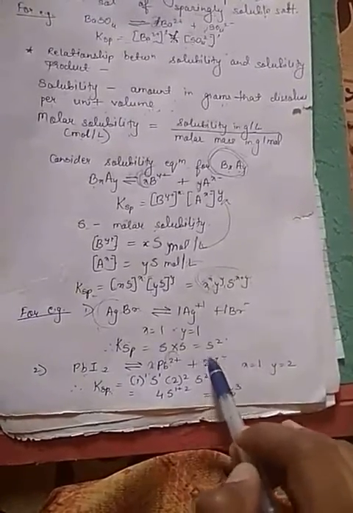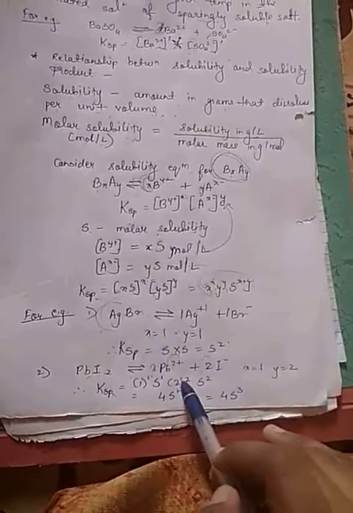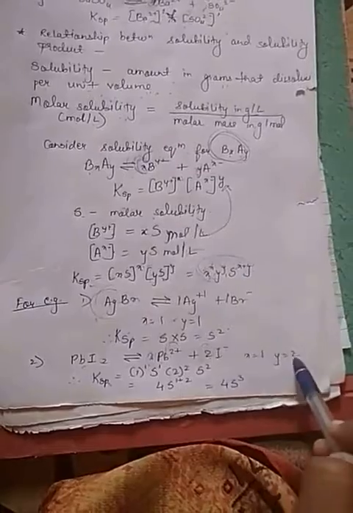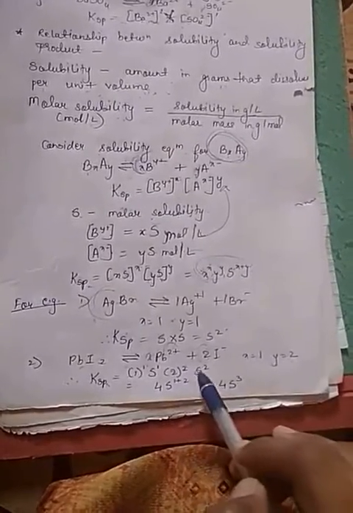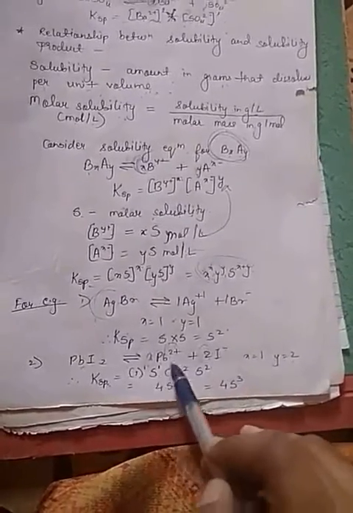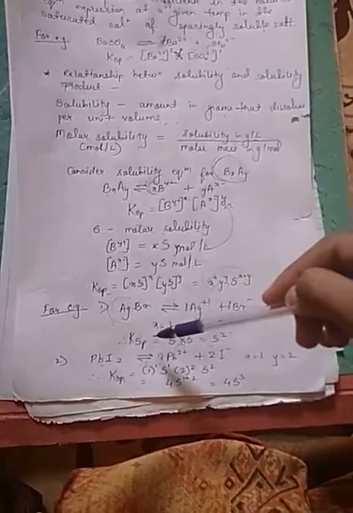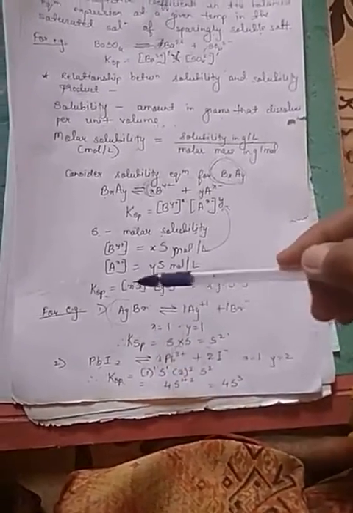Then 2 raised to 2. Why 2? Because the coefficient here is 2. Because X is equal to 1 and Y is equal to 2. So 2 raised to 2 into S raised to 3. So when you calculate this, it comes out to be 4S cube. So this is how we calculate the solubility product of different sparingly soluble salts.